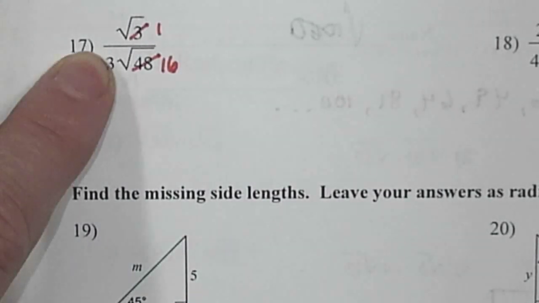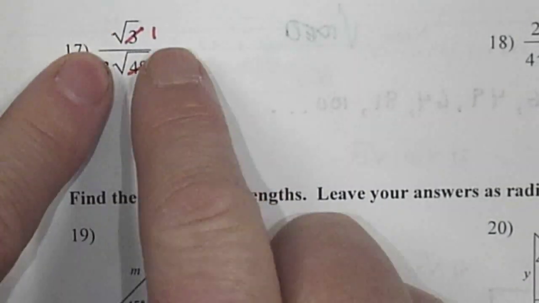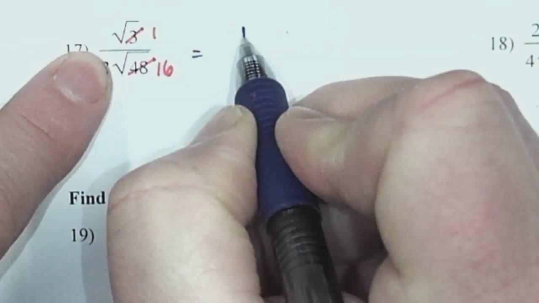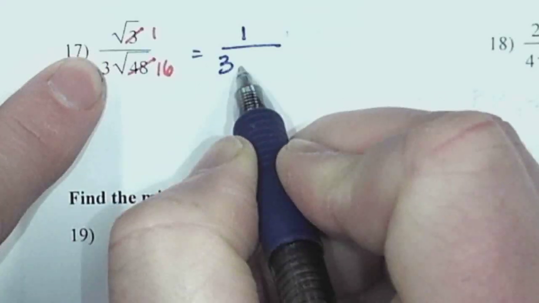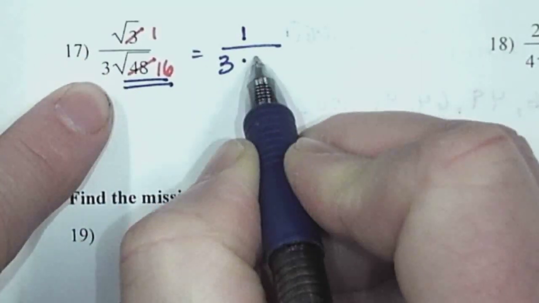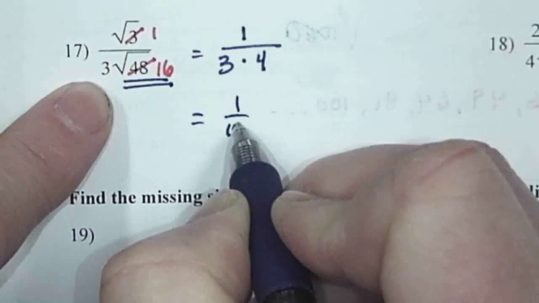So it reduces. I'm allowed to do that. I can't cancel with this. It's on the outside. What is the square root of 1? Square root of 1 is just 1. I got a 3. What is the square root of 16? It's 4. So I get a 1 over 3 times 4, which is a 1 over 12.